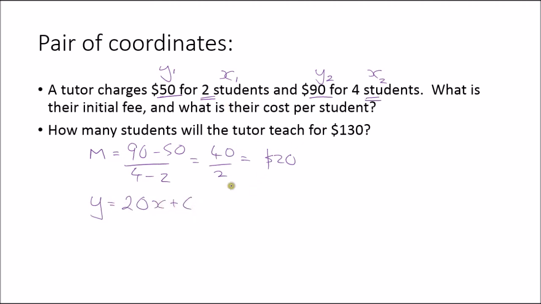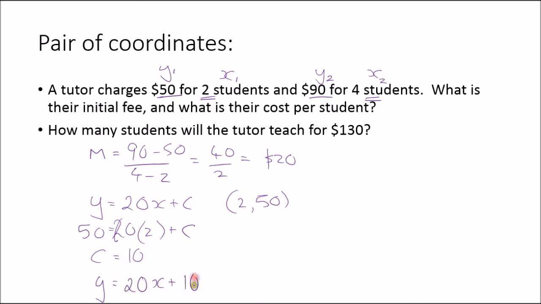Now these are both positive numbers, so it's really easy. Now I'm writing my x value first, the number of students, and my y value last. I'm going to substitute this in. Oops. Should have substituted that after, and I'm going to solve, and I find that c equals 10. So the equation here is that y, the cost the tutor charges overall, is 20 times the number of students plus $10.